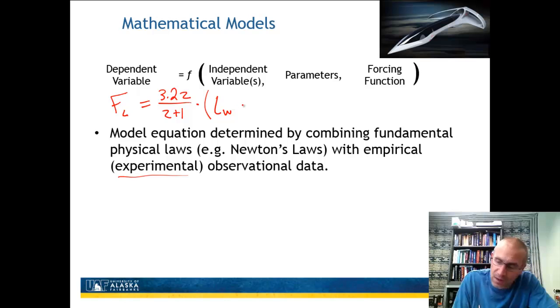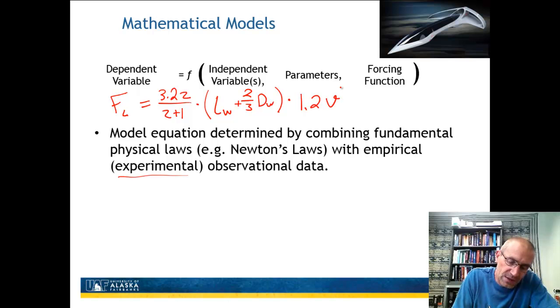It might be the length of the wing, plus 2/3 of the depth of the wing, parameters that are how large the wings are on this plane. And then we might find that we have to multiply that by something related to the velocity. It might be 1.2 times the velocity to the 1.31 power, some strange value that we measured in the wind tunnel.